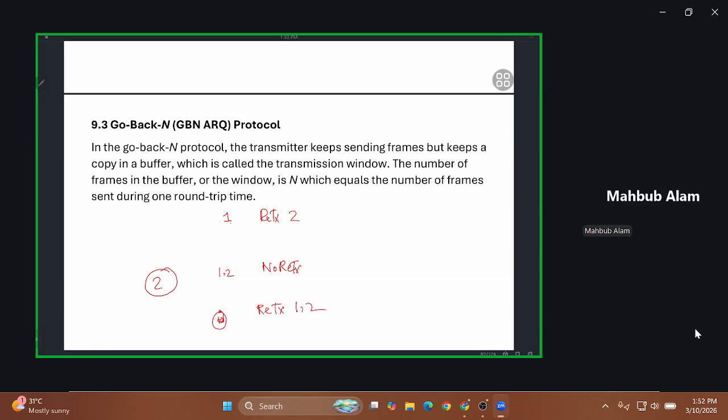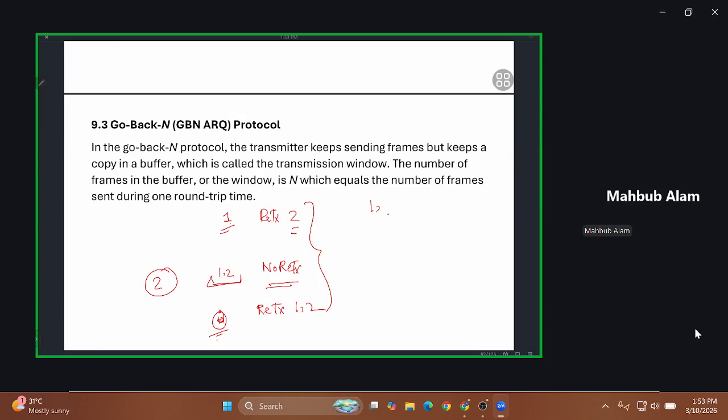Now, one thing is important. In go back N ARQ, it is not possible that you retransmit packet 1 but do not retransmit packet 2. The scenario can easily happen here, though, that packet 1 is successfully sent, so you just retransmit packet 2.